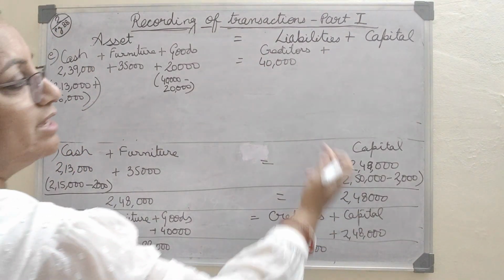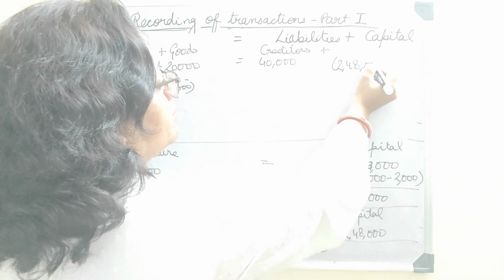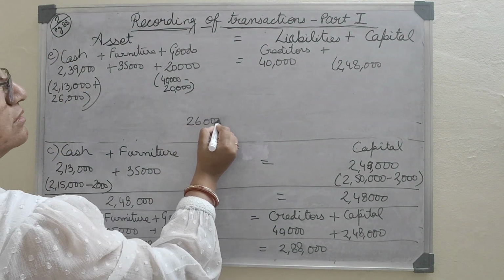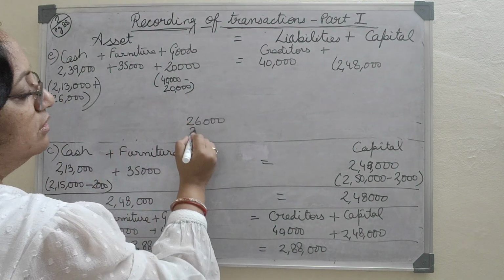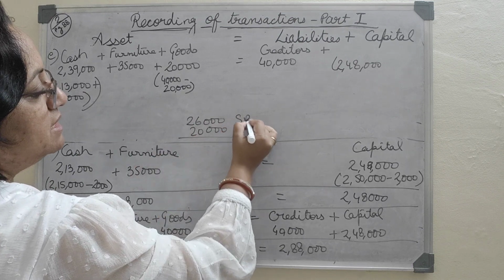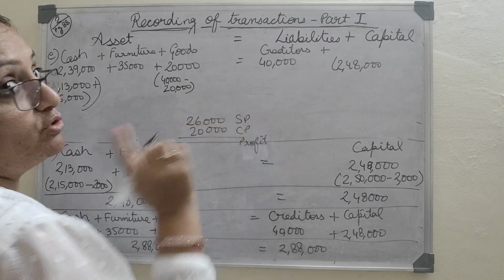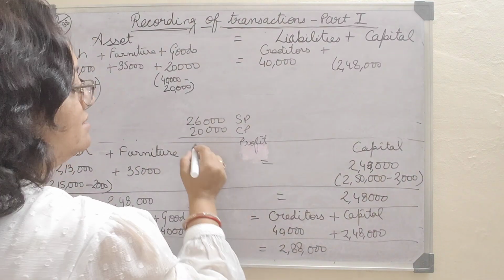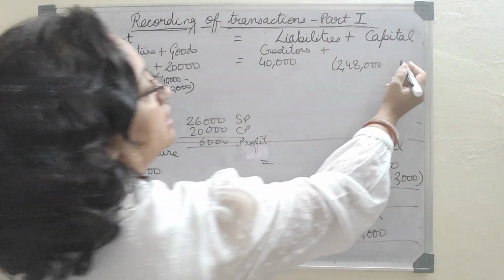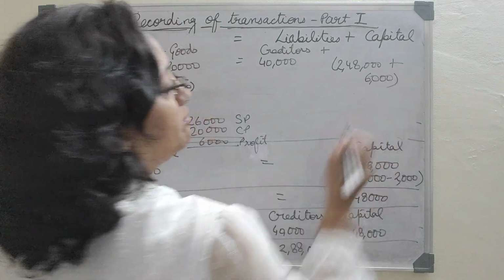Capital was 2,48,000. Any guesses what change capital is going to face? Yes. The goods were sold for 26,000, but the goods cost 20,000. So when SP is bigger than CP, what do we earn? Profit, if you remember what you studied in your maths. So 6,000 is the profit. And where does the profit go? It is always added to the capital.